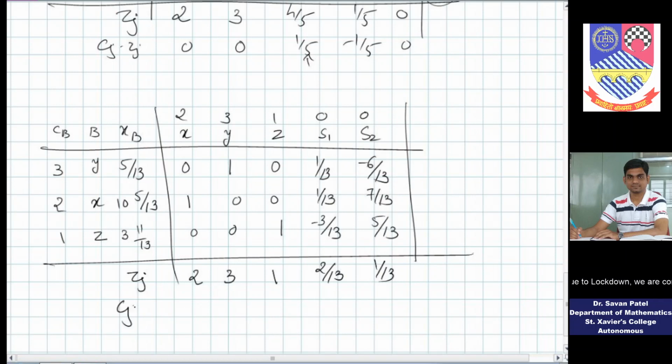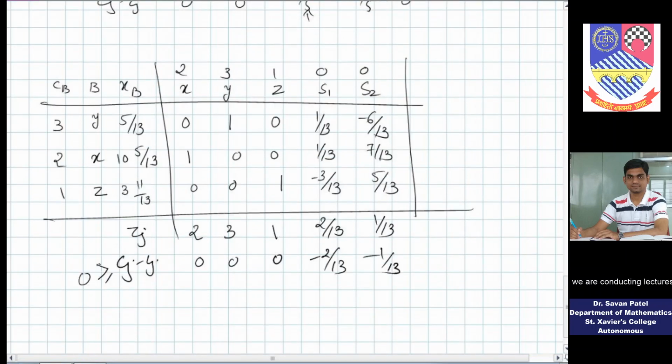So Cj minus Zj: here it is 2 minus 2 is 0, 3 minus 3 is 0, 1 minus 1 is 0. Here it is minus 2 by 13, and here it is minus 1 by 13. So all Cj minus Zj's are less than or equal to 0, so this is our optimal solution.